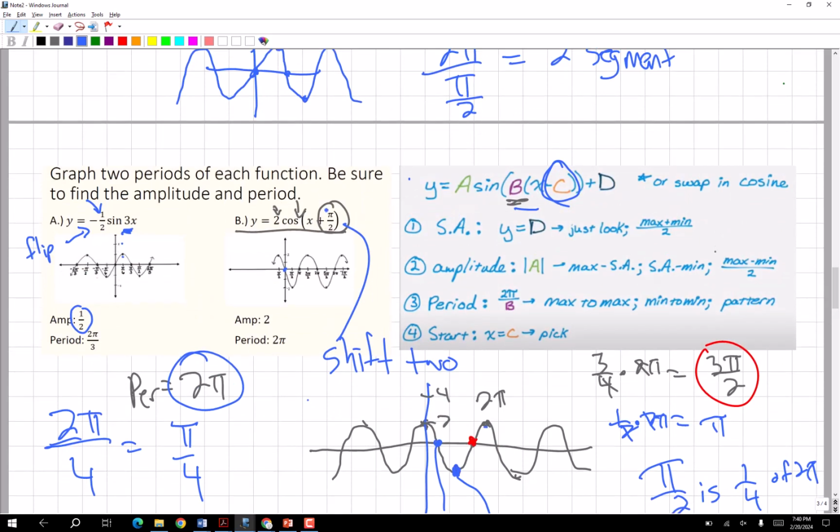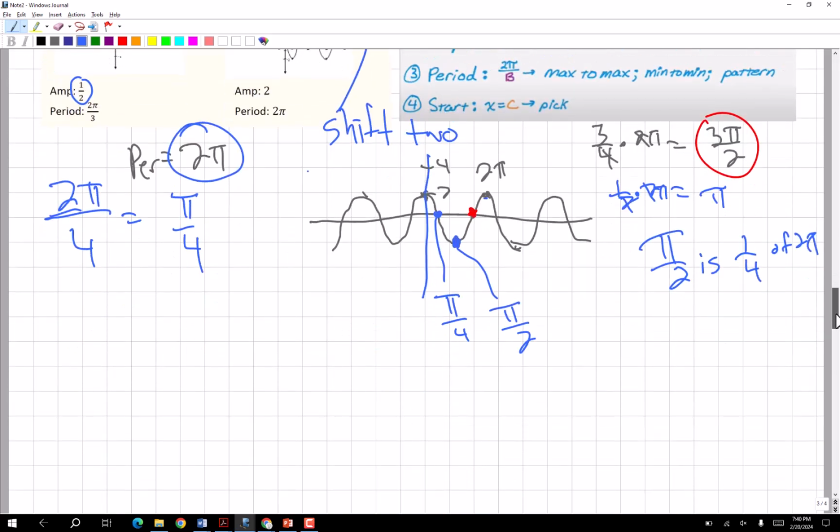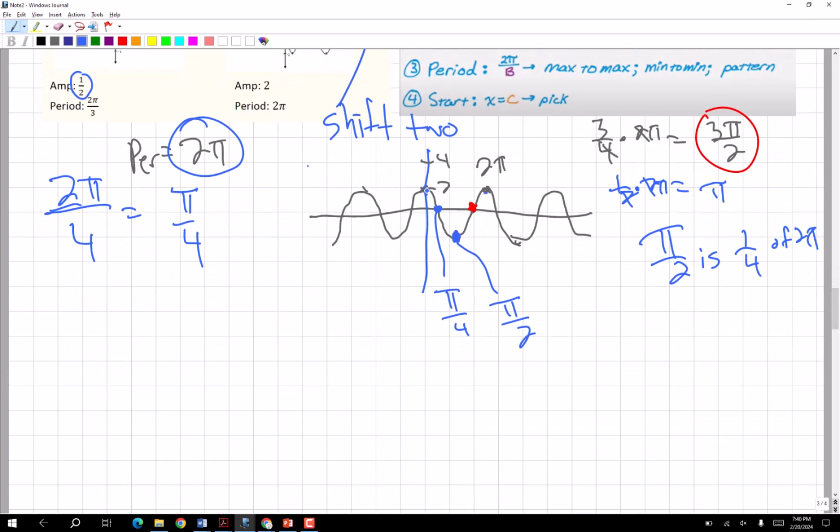So as I counted this, I'm going to shift this pi over 2. Because it's positive, I'm going to shift it to the left 2 segments. So see how this was the top? 2 segments means that it's going to be the bottom. So if I shift this over 2, now it's going to be on the bottom. And that means I'm going to be coming up for each one. Oops, I moved it too deep. So this was the bottom.